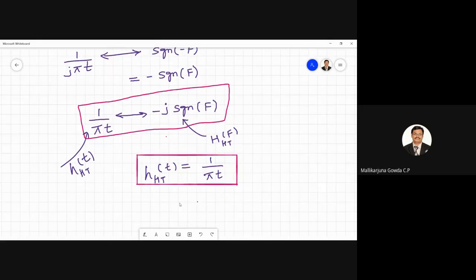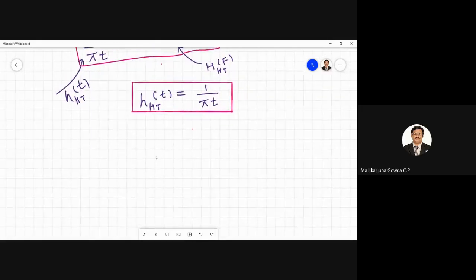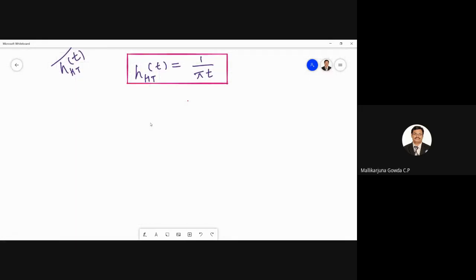Okay. So I can rewrite this in another form, because of what I said at the beginning with respect to the block diagram. By writing this block, I said the input signal is g of t, and this is the Hilbert transform having an impulse response h_HT of t.